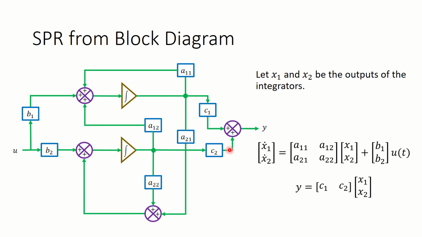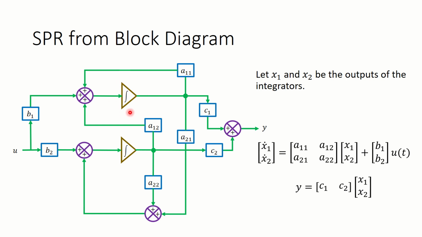So this is some structure. Here also I have limited myself to a second order system. How can you say it is second order? There are two integrators. Two integrators mean the outputs of the integrators are the states. No other states are there, because dynamics is only created whenever an integrator is present.